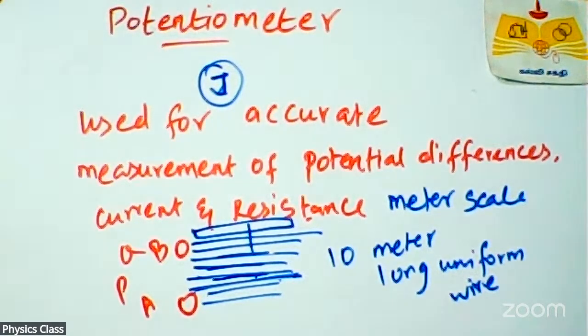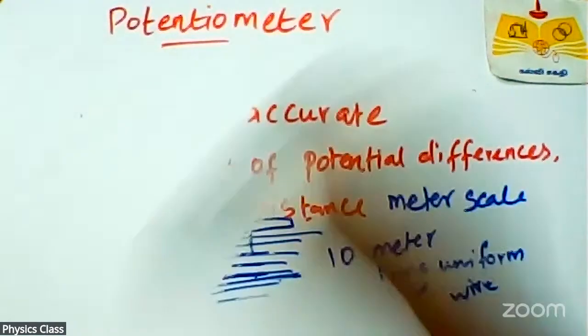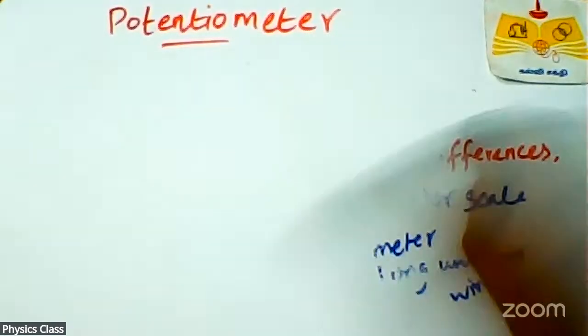So a steady current is maintained across the battery. The symbol diagram of potentiometer is like this.